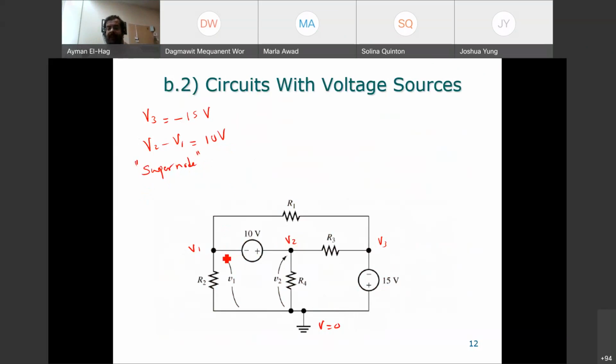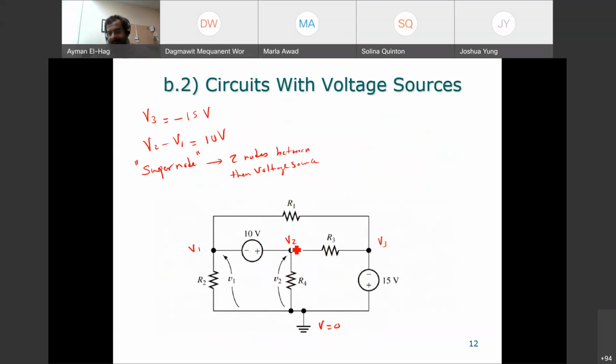The supernode is basically two nodes with a voltage source between them. So this is the supernode. This is one node, called a supernode.